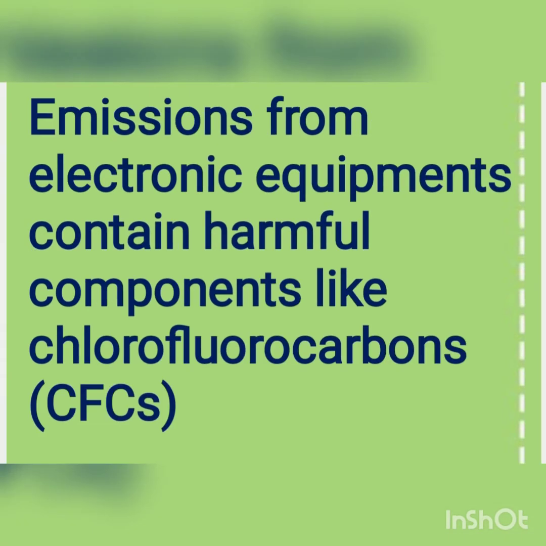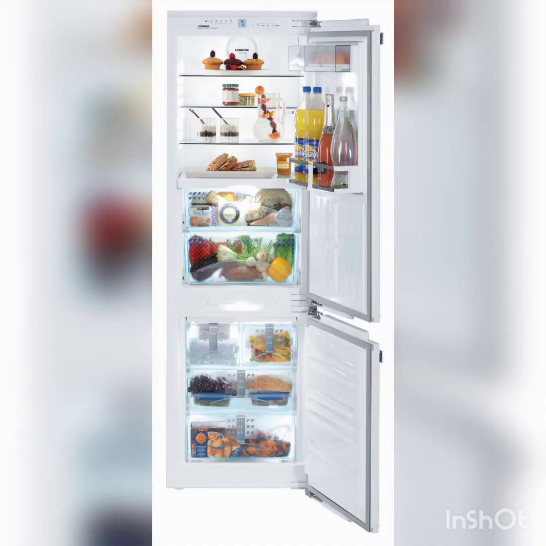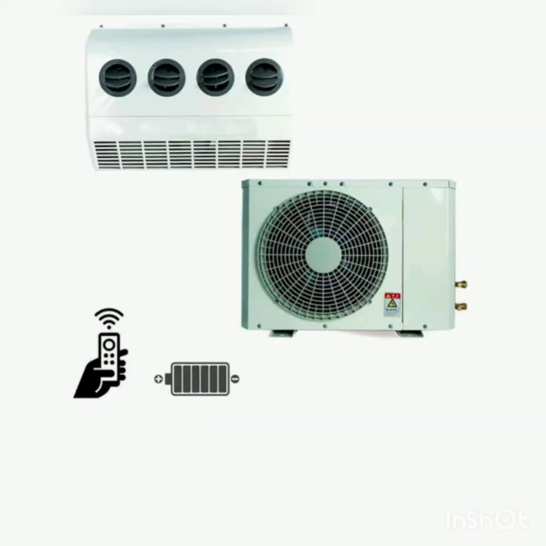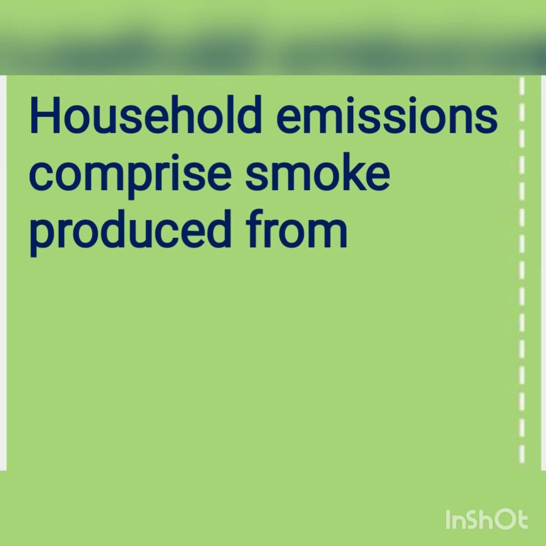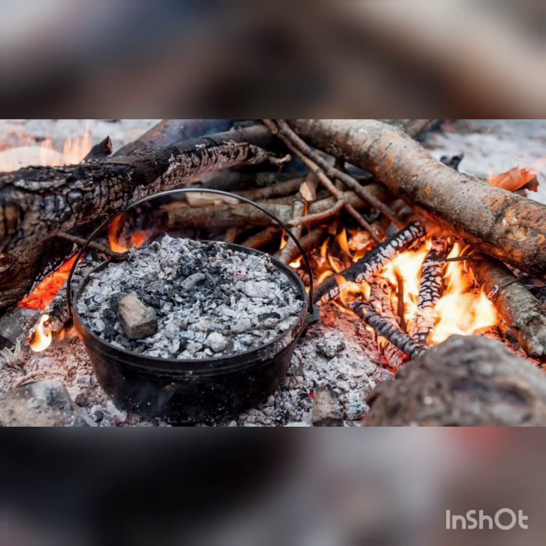Next, emissions from electronic equipment contain harmful compounds like chlorofluorocarbons, CFCs. They are emitted by refrigerators and air conditioners. Next, household emissions comprise smoke from burning wood and charcoal for cooking and bonfires.